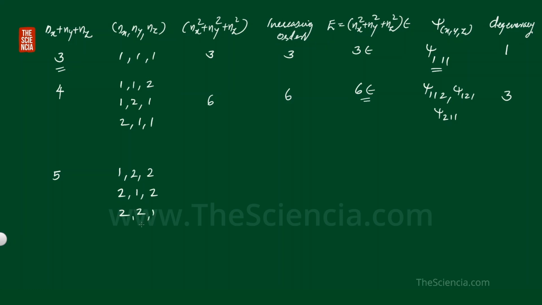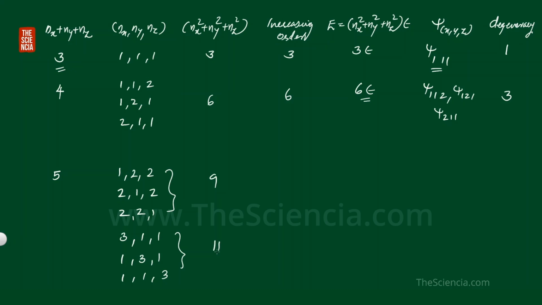For all these states, nx square plus ny square plus nz square is 9. For 5, another combination is also possible, that is 3, 1, 1, and 1, 3, 1, and 1, 1, 3. That is also equal to 5. For this combination we get 9 plus 1 plus 1, that is 11.